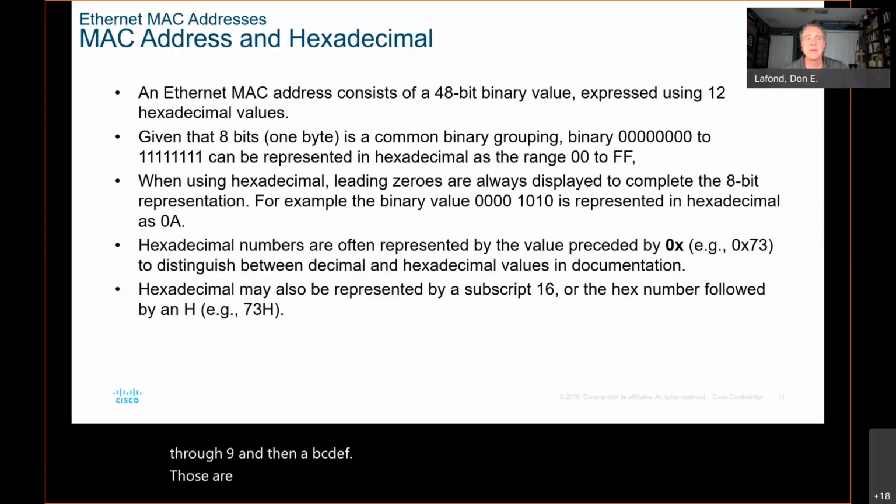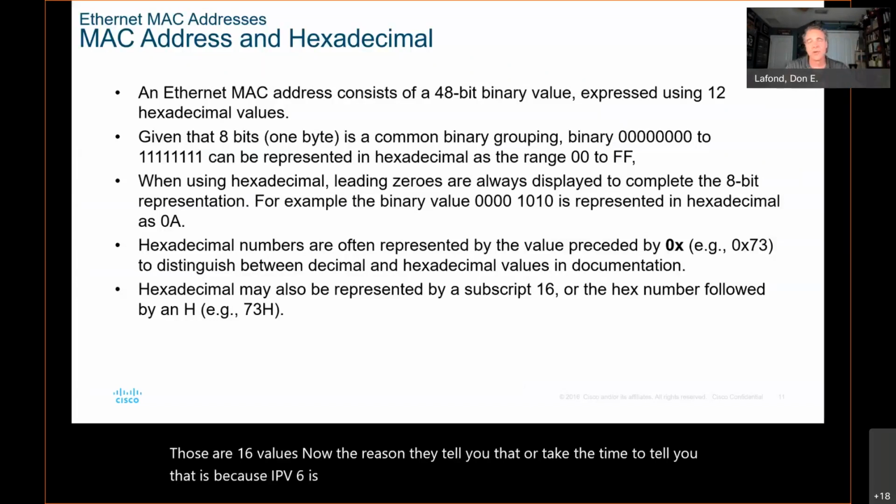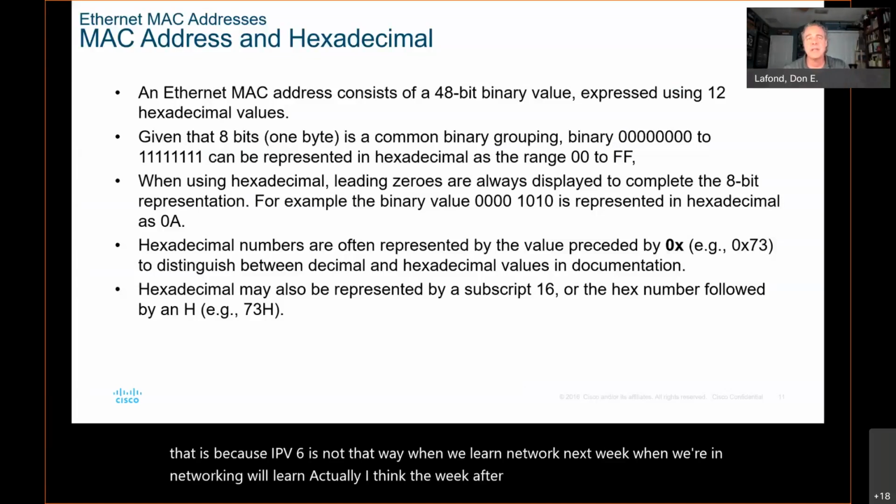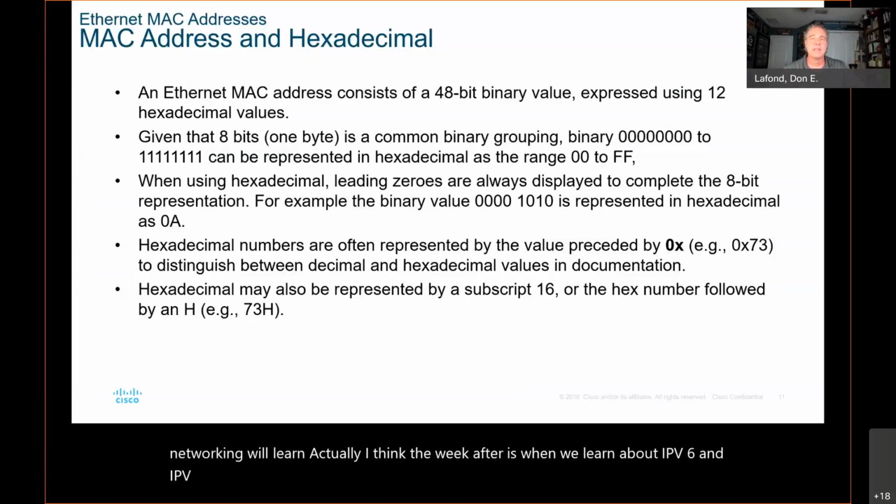Now, the reason they take the time to tell you that is because IPv6 is not that way. When we're in networking, we'll learn, actually, I think the week after is when we learn about IPv6. In IPv6, we discard the beginning values, but here if we were to discard these beginning values, we would not know.